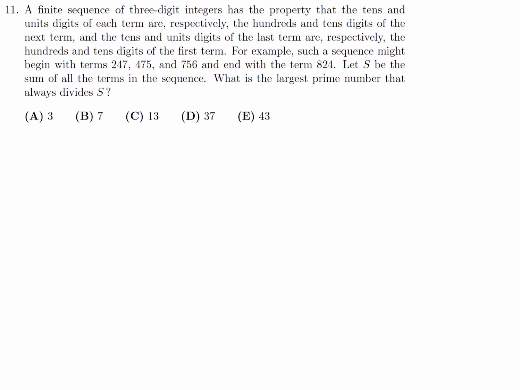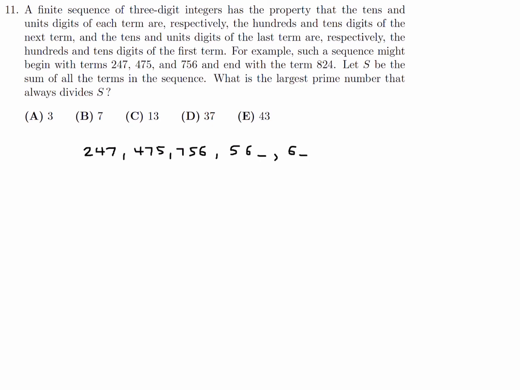So first, let's make this sequence that they give us, 247, 475, 756. Now what's happening is those two digits are now becoming those two digits. See that? And then these two digits now become those two digits. See how it shifts? So if you continue in this way, you'll be able to make a complete sequence. 5, 6, I don't know that yet.